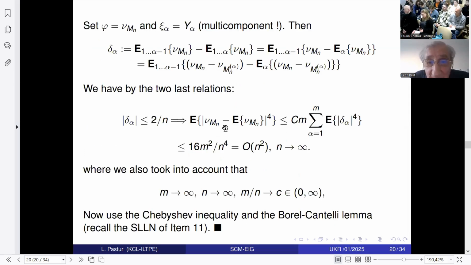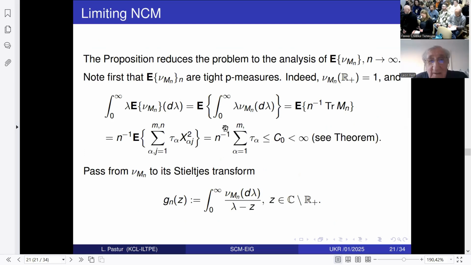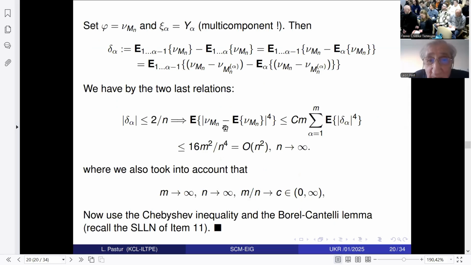Now we pass on. So what is our goal? Let me repeat. Our goal is to prove that mu mn converges with probability 1 to a certain limit, which is non-random. At the moment, we have proved that mu mn minus mu m, its expectation, converges to 0.